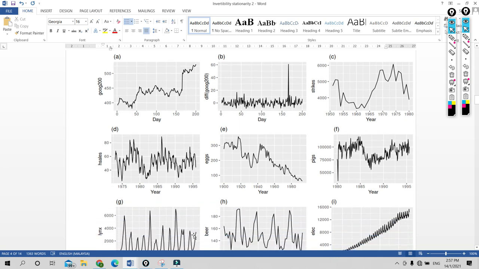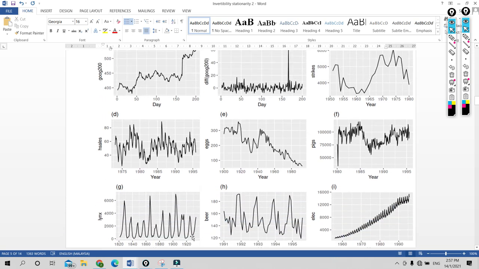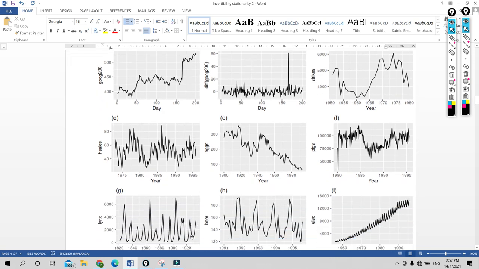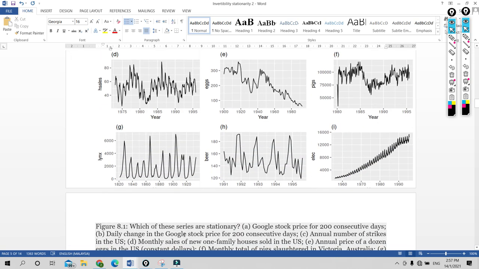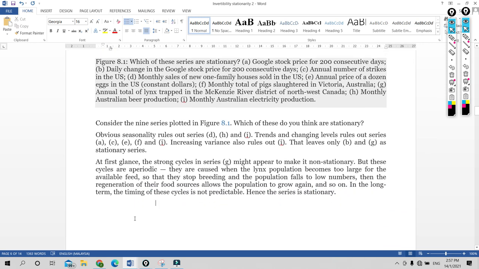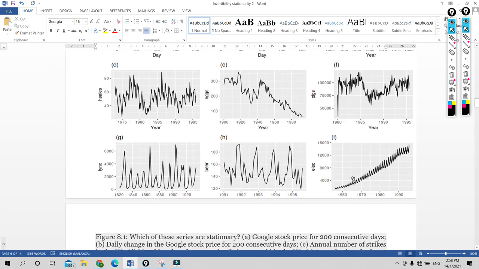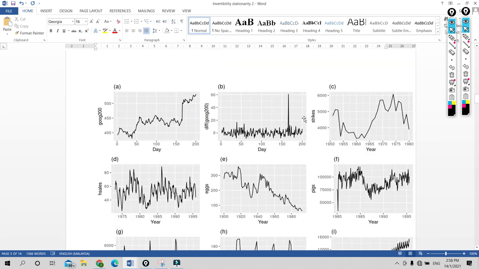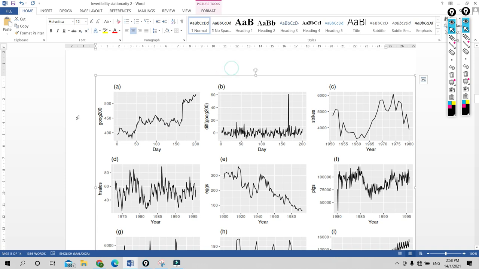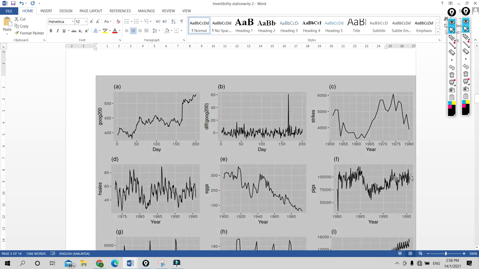In order to determine that, we have to check the mean and the variance, the mean and the variance. Look at the first graph here, graph A.